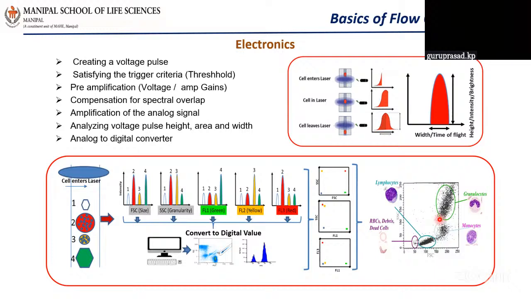If you look at the numbers, basophils and eosinophils are fewer compared to neutrophils. Neutrophils are about 60% of total WBCs. So this is how you will see the dots when you are running cells.